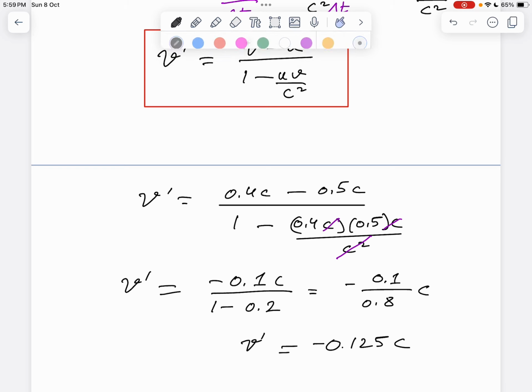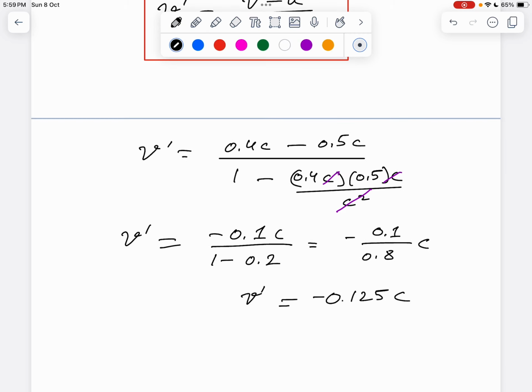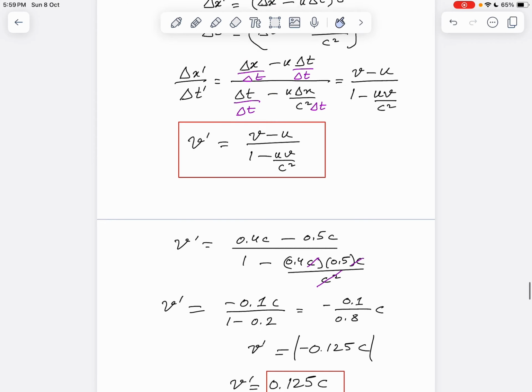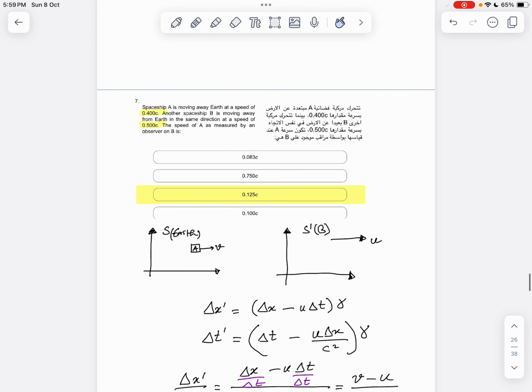As a magnitude, it's going to be 0.125 c. So this is the speed of A relative to B. So that's the answer, 0.125 c.